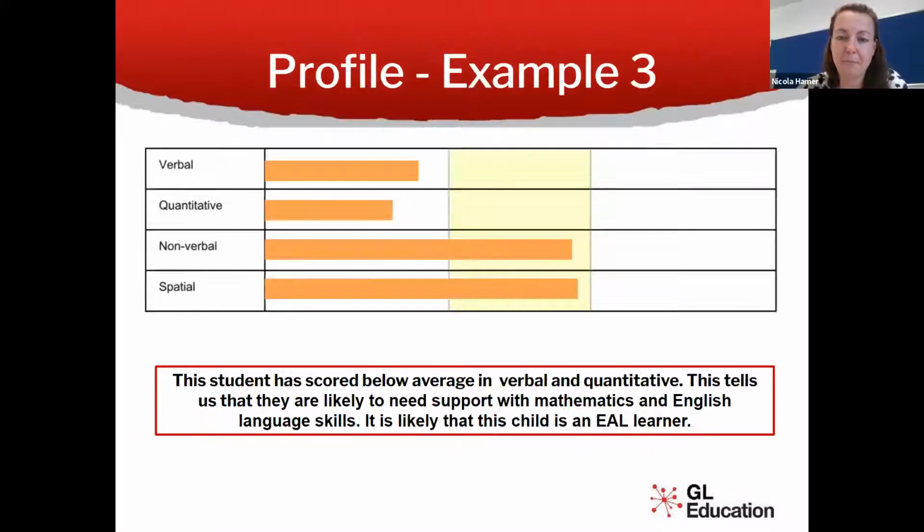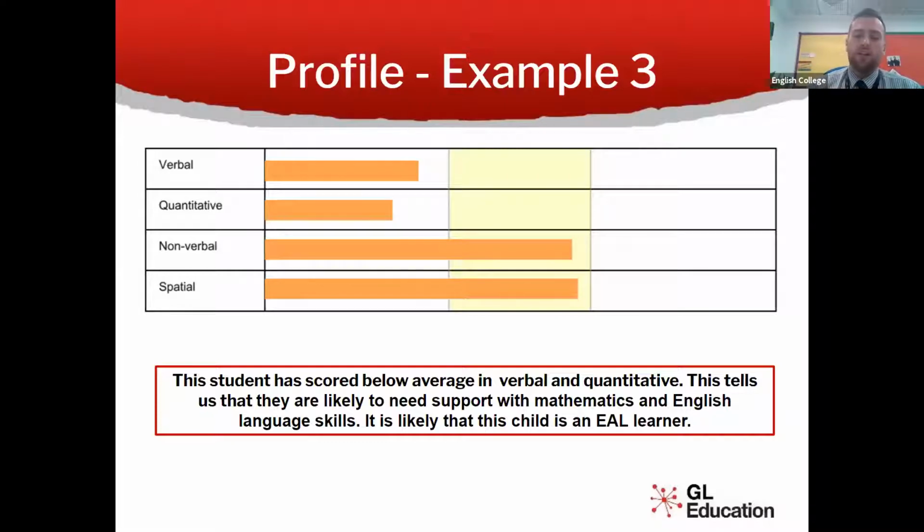Perfect. And then if we look here at example 3, again, don't look at this and think, oh my word, my child's below the yellow area just there. It's just saying that this individual here is slightly below in their verbal reasoning skills and quantitative. So as teachers, we would just be very aware of this, that if we were talking a lot and giving a lot of verbal instructions, it wouldn't be the best strategy for this child.